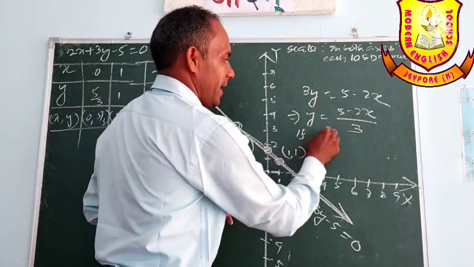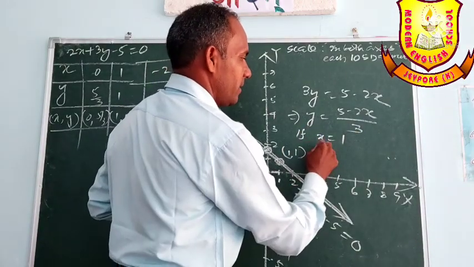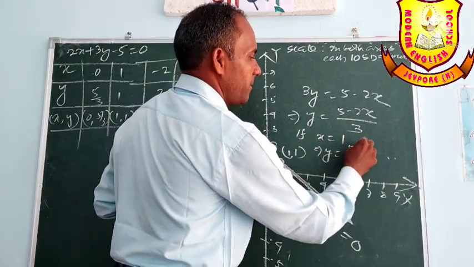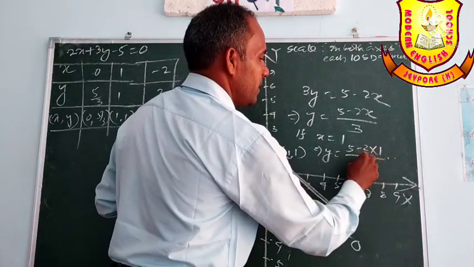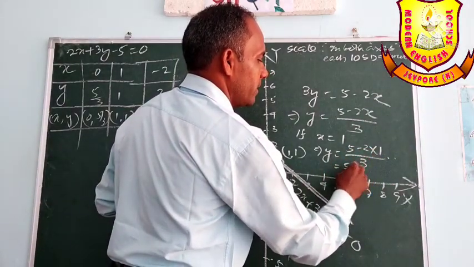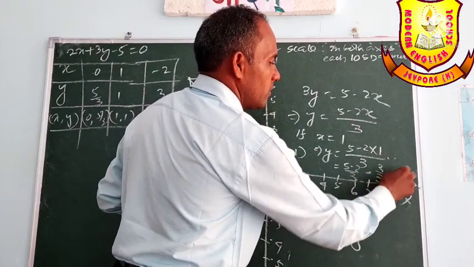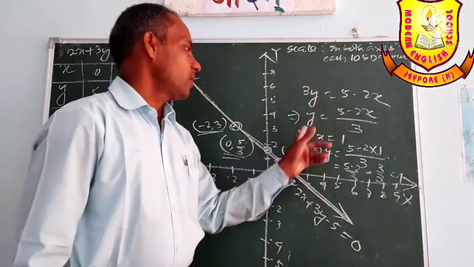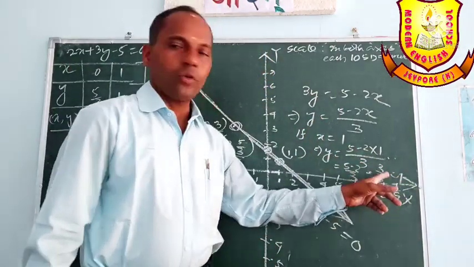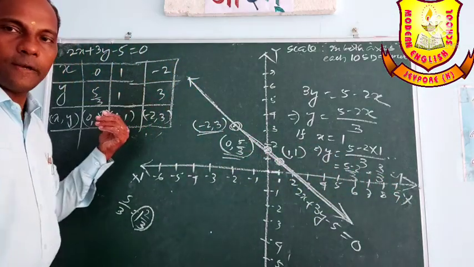If x equal to 1, then y equal to (5 minus 2 into 1) by 3, that is 3 by 3, equal to 1. When x equal to 1, y equal to 1, and we showed it here.